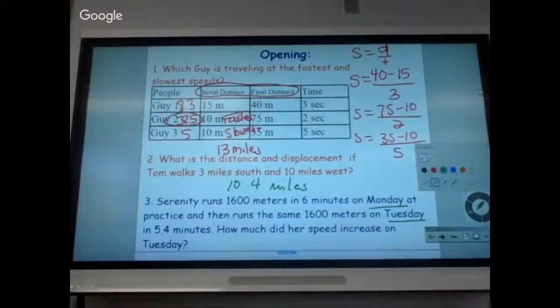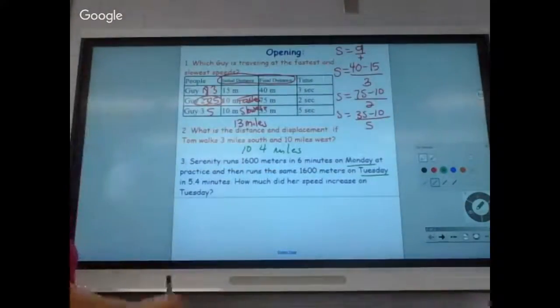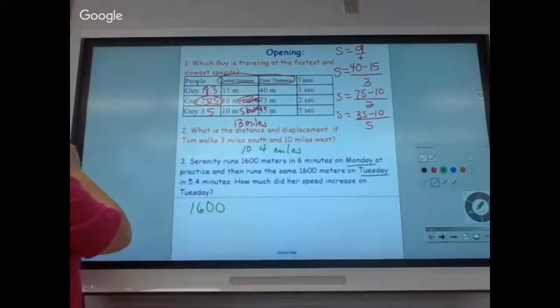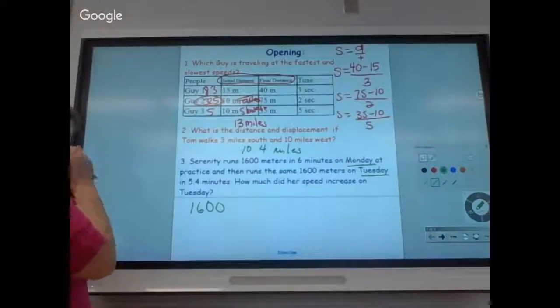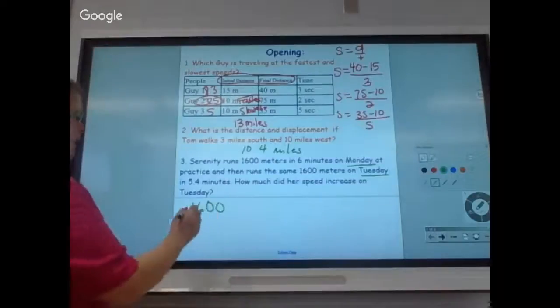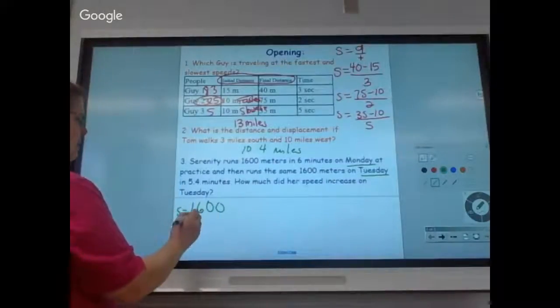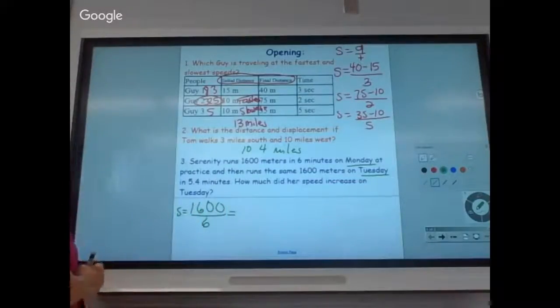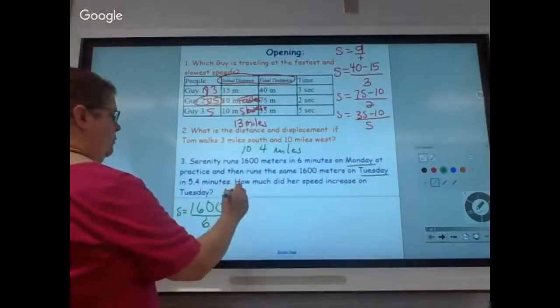Okay, so if we do that, Serenity ran. Serenity's still here. She graduated last year. I wrote this when Serenity was running track in my class. All right, 1,600 meters. Serenity Davis. 1,600 meters divided by 6 minutes. Okay? And that was Monday.